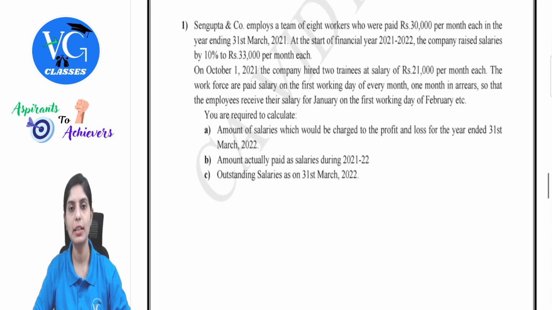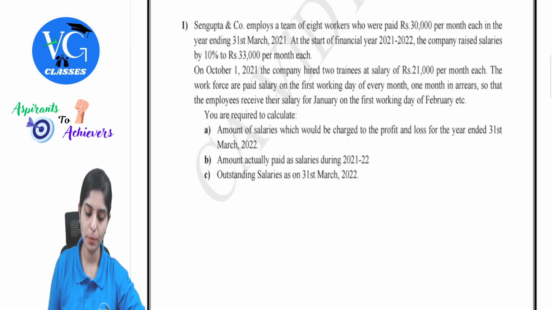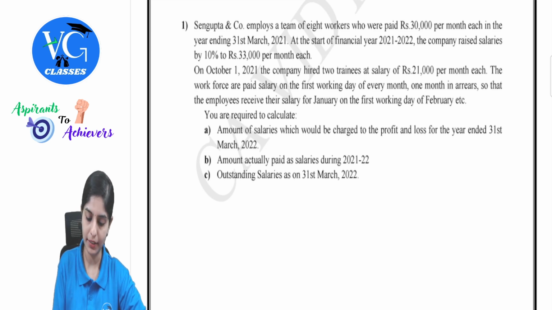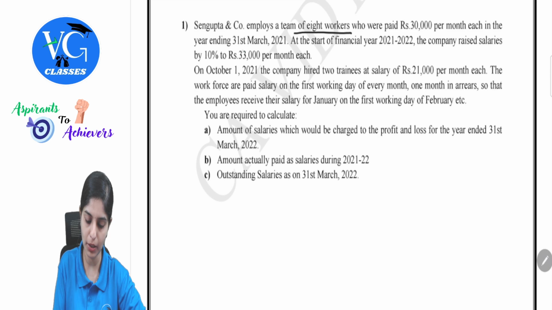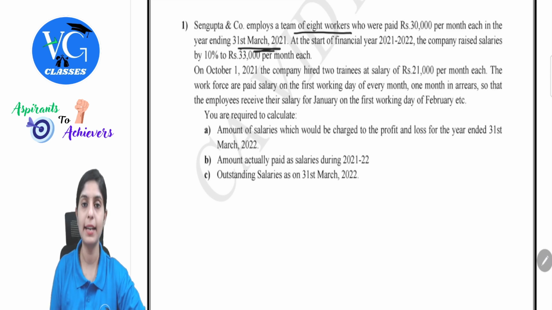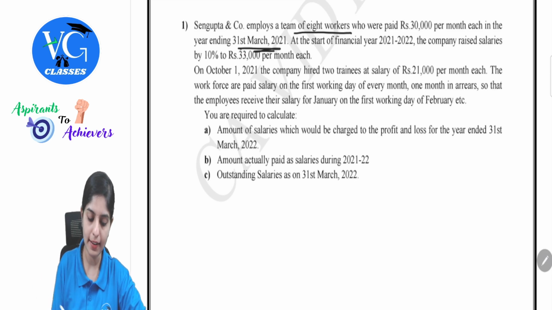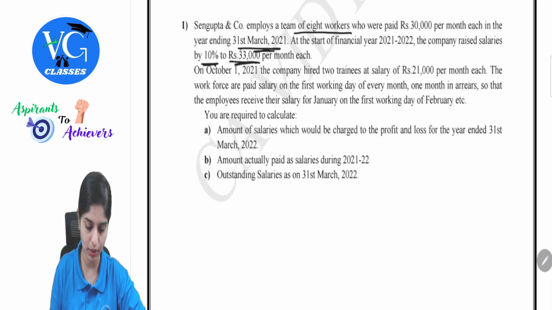Yes. Question number 1. Sen Gupta and Co. employs a team of 8 workers who were paid 30,000 per month each in the year ending 31st March 2021. At the start of financial year 21-22, the company raised salaries by 10%. So that increase by 10% is now revised as 33,000 per month each.